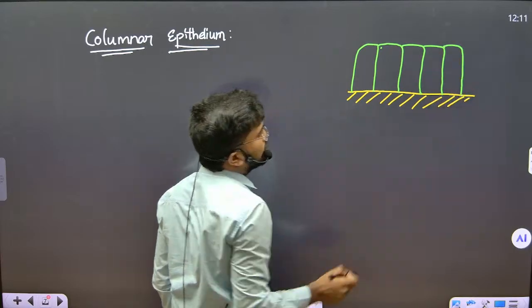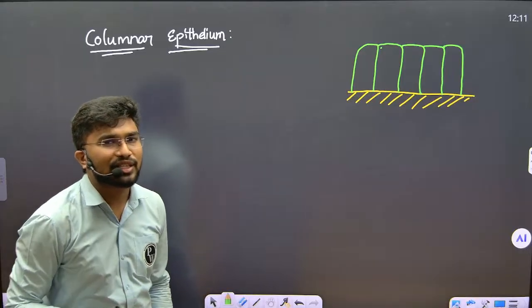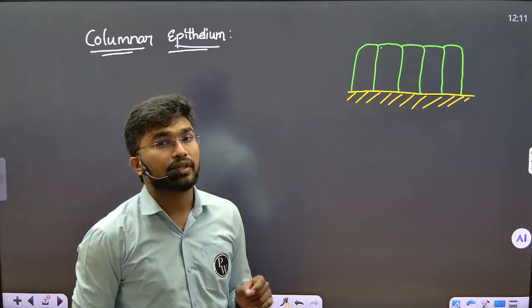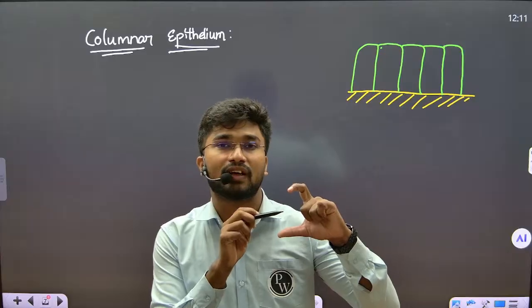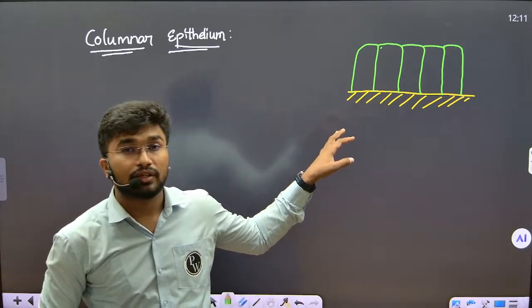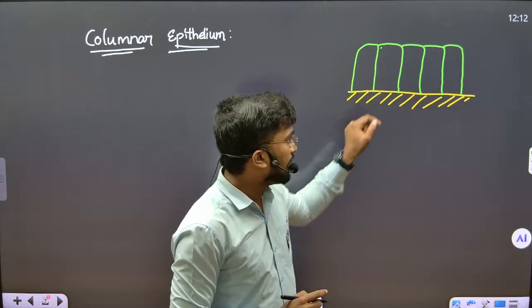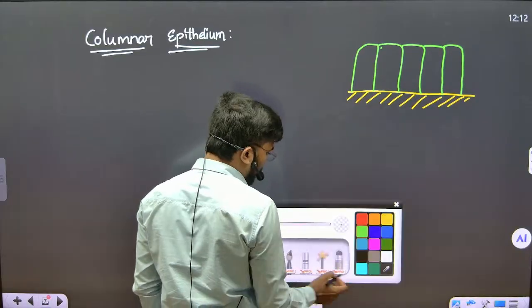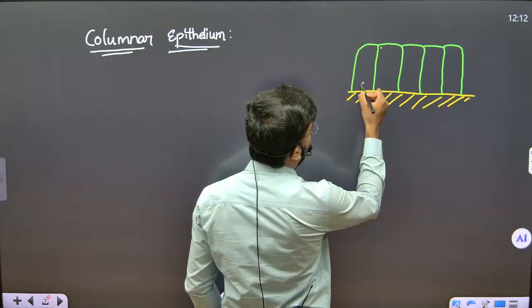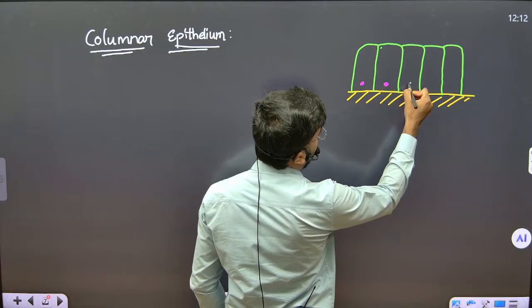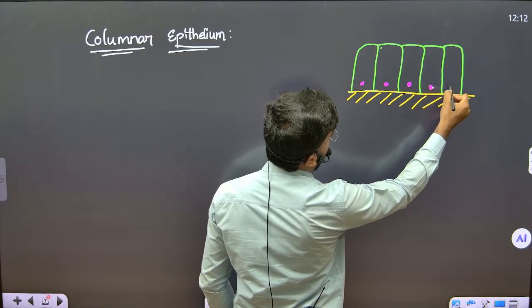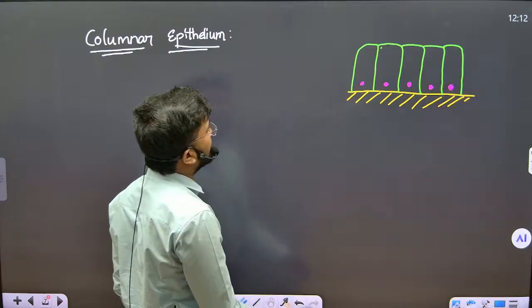And what is the position of the nucleus? Last class I mentioned that in cuboidal epithelium the position of the nucleus is central, in the center of the cell, right? Here the position of the nucleus is near the basement membrane. This is the basement membrane and the nucleus is present near it like this. So how will they describe it in the examination?